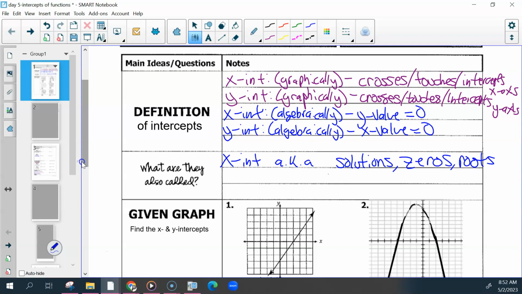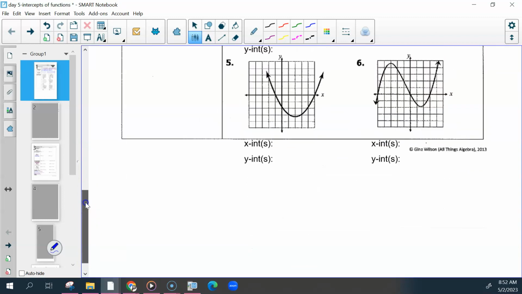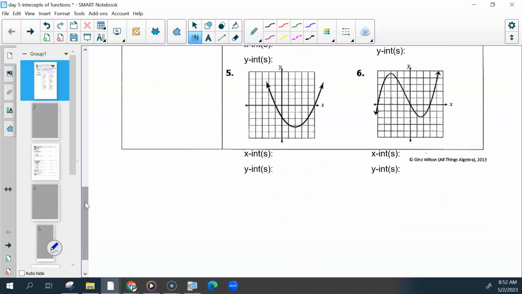Looking at the questions on this page, which ones do we want to see, do, go over, review? Danny, make sure you're writing these down. So 4, 6, we have to find the x-intercepts and y-intercepts.